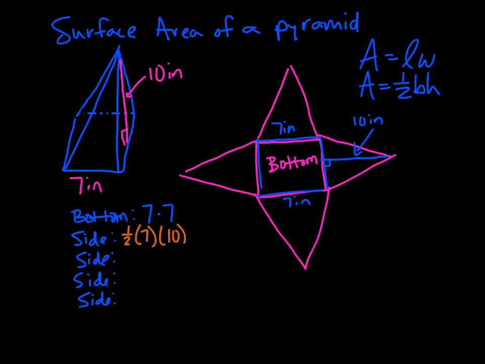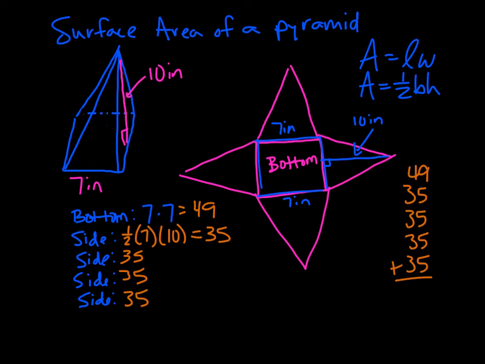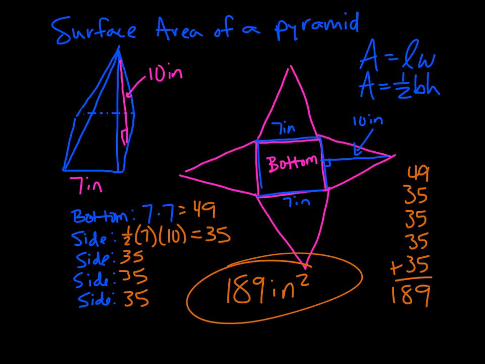All I've got is 1/2 times 7 times 10, so I could do 7 times 10, which is 70, times my half, and I end up with 35. So each of these sides is 35 because they're all the same. Now, I didn't do my 7 times 7, which is 49. So now I have to add all these up, and I get a total of 189, and it would be 189 inches squared because it's a total surface area.